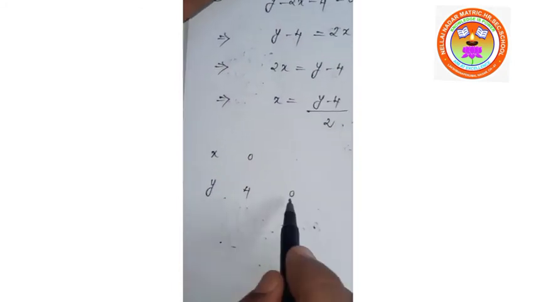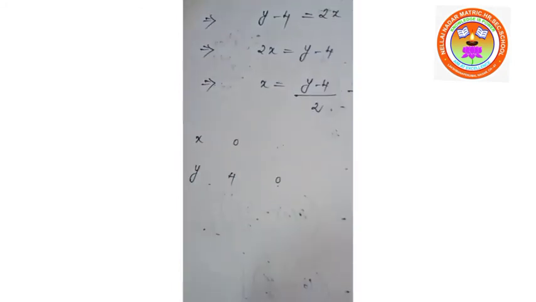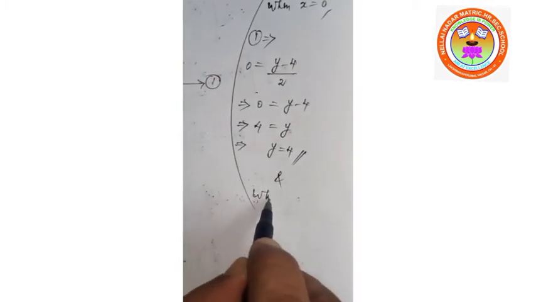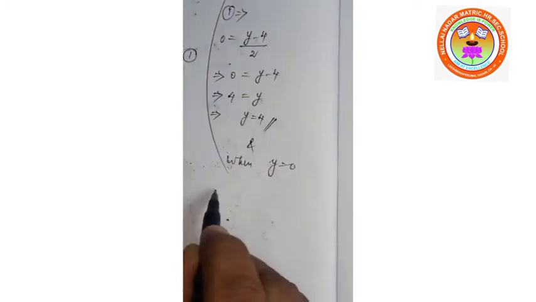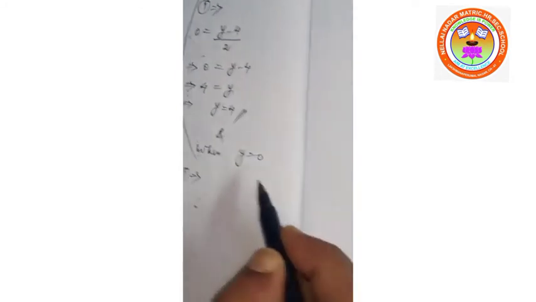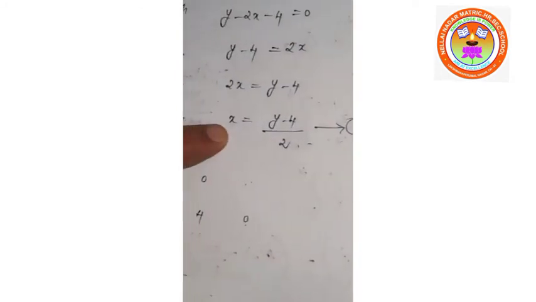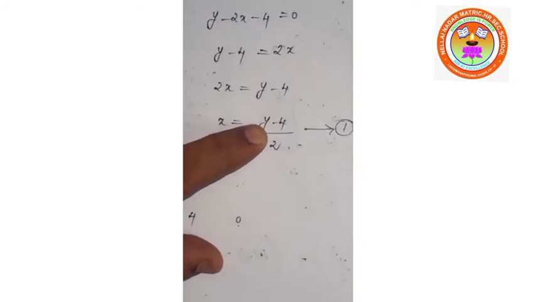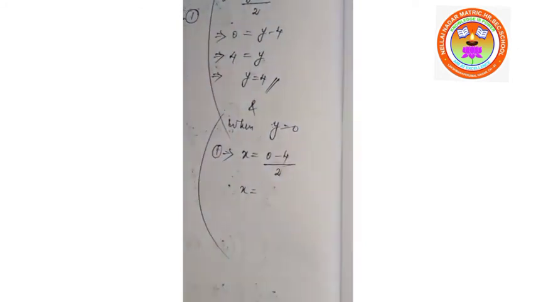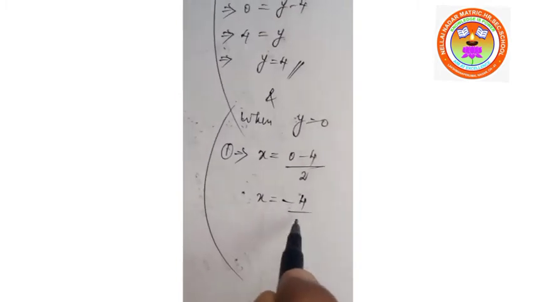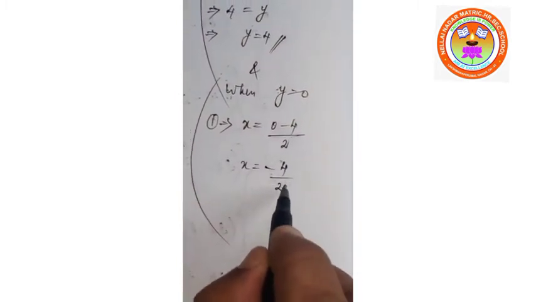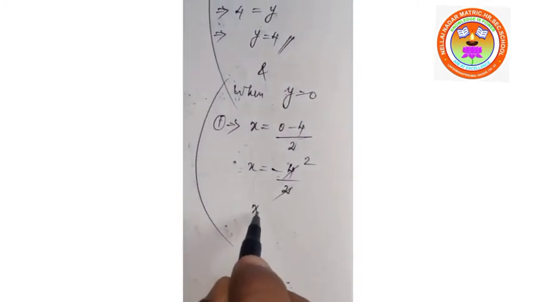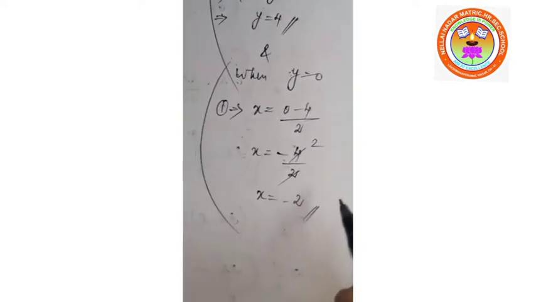Now when y equal to 0, we have to find out the value of x. When y equal to 0, equation 1 implies x equals, replace y by 0, 0 minus 4 by 2. X equal to minus 4 by 2, 0 minus 4 divided by 2, 2 table 2 times, so x is equal to minus 2.